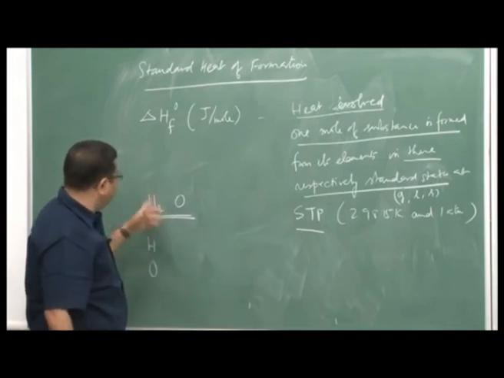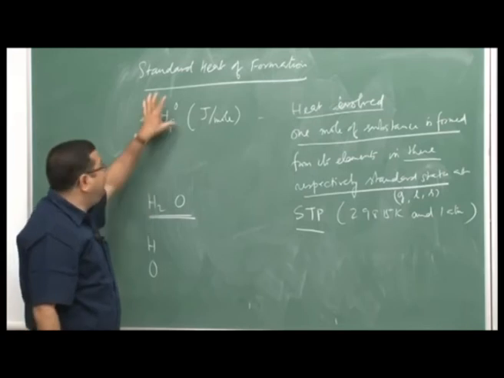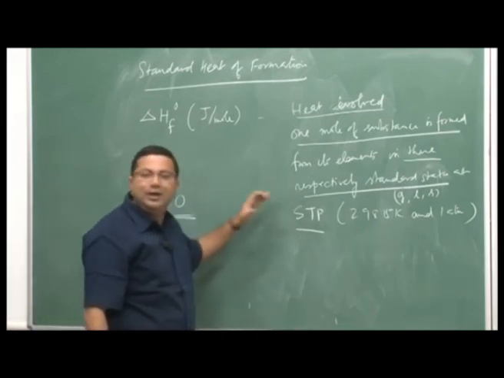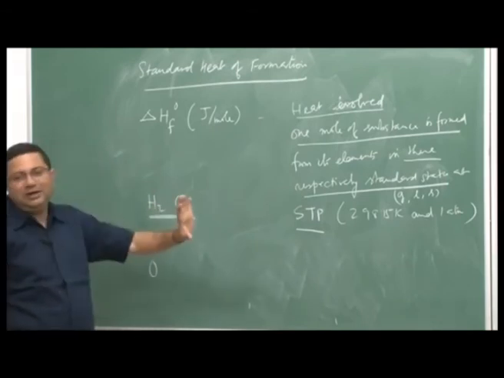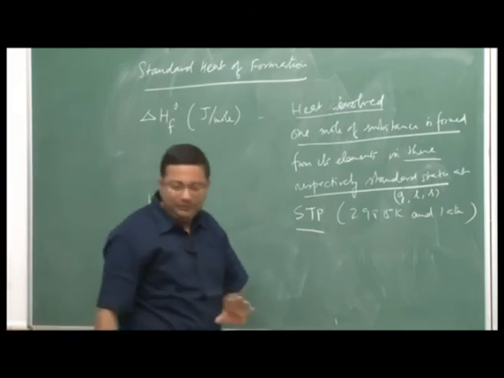So, it can also be said that the heat of formation is enthalpy of water vapor at standard temperature and pressure minus the enthalpy of hydrogen and oxygen at a standard temperature and pressure is the heat of formation of water vapor.